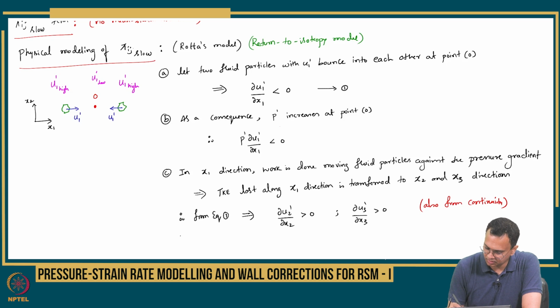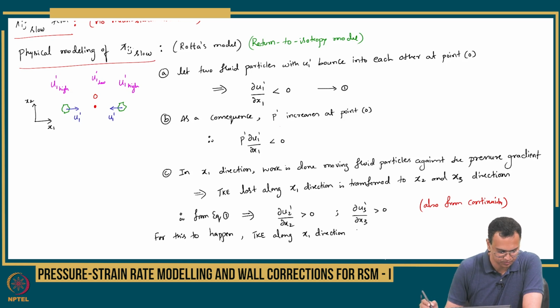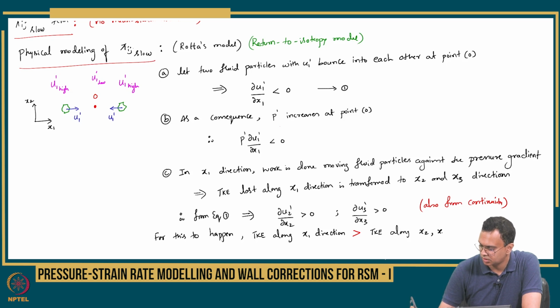So for this to happen, TKE along x1 direction should be greater than TKE along x2, x3 directions.